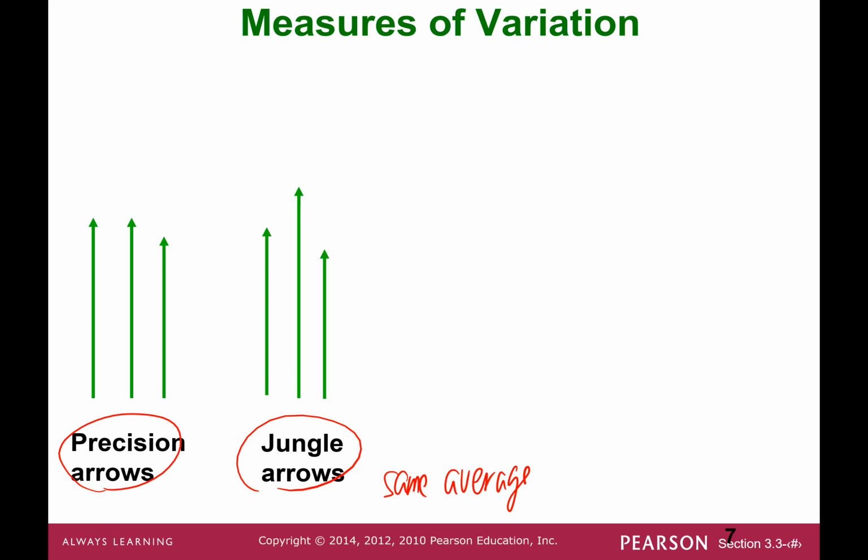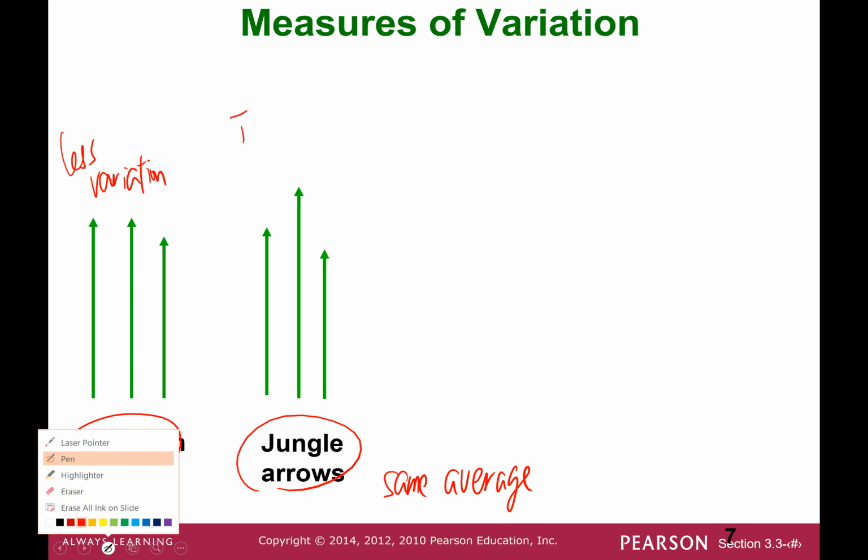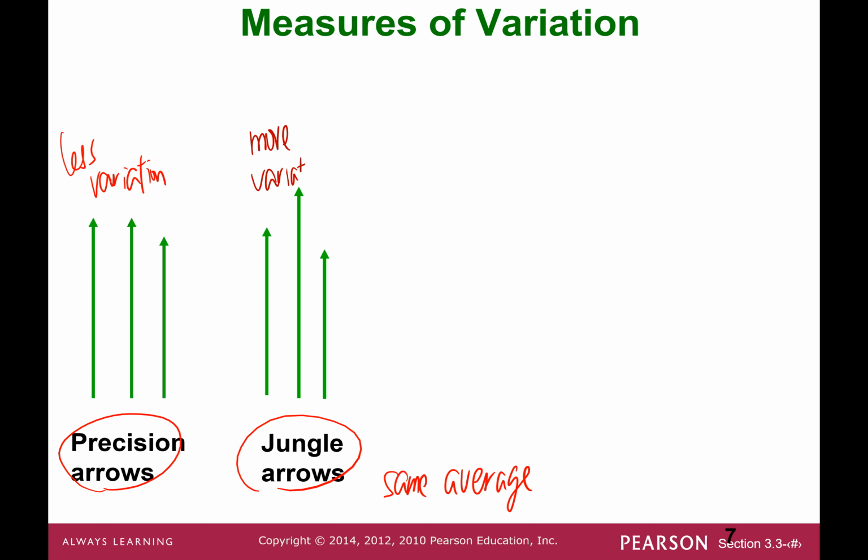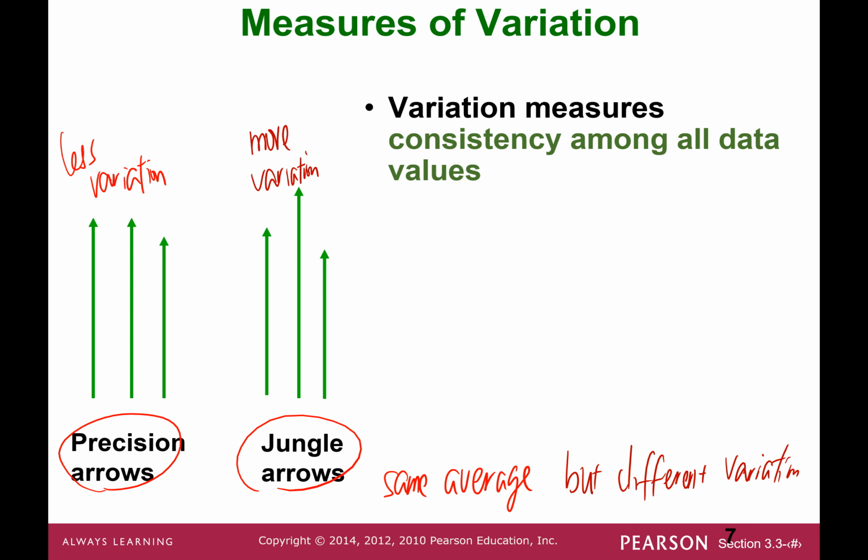Obviously, precision errors have less variation compared to jungle errors. Jungle errors have more variation because the data values vary more. So the variation actually measures the consistency among all data values.